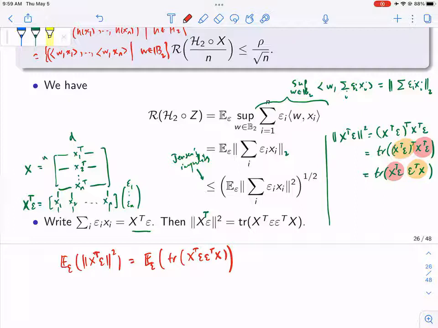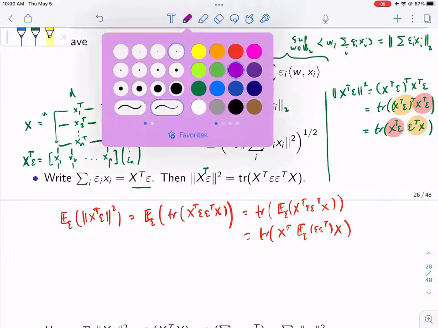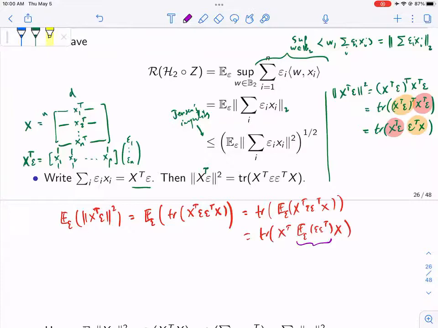Online people can help as well. Interchange what? Right, we can do that. Okay, good. So X transpose comes out, X comes in as well. So we get this. So then what do we get? What is this?